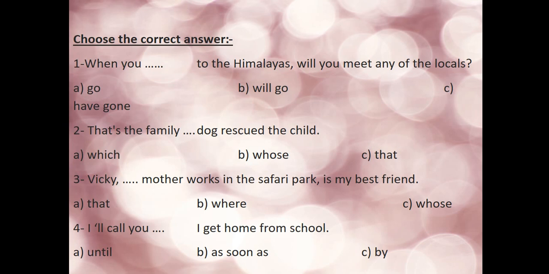Number 3: Vicky, mother, works in the safari park, is my best friend. Vicky's mother. So I'm not talking about Vicky, I'm talking about her mother. So I will say: Vicky, whose mother works in the safari park, is my best friend.